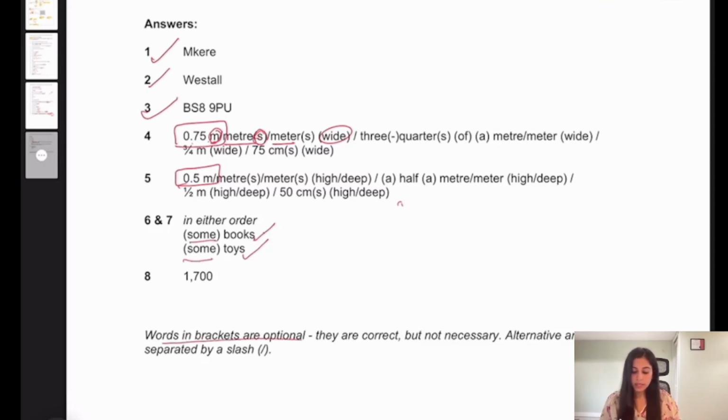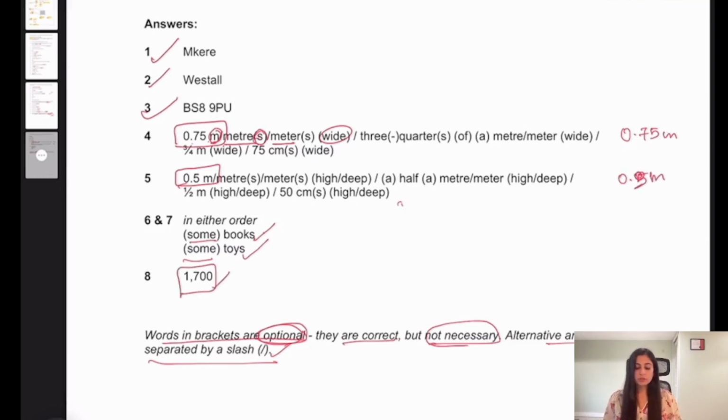So words in brackets are optional. They are correct but not necessary. Alternative answers are separated by slash. So whatever you see in brackets, if you write that, it's fine. If you don't write, that's also fine. But here I would suggest go for the easiest answer, which is this in this case and this in this case. Okay, then 1700, it's pretty basic.